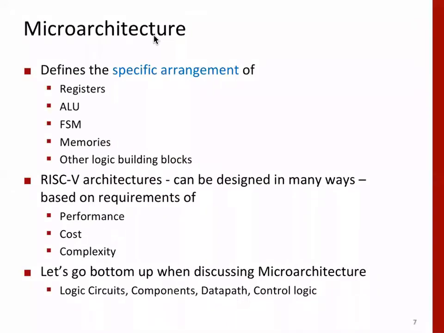All right, so what is microarchitecture? When we looked at the microarchitecture view in earlier classes, we said that this is not visible to a programmer. It means that this is a specific arrangement of registers, ALU, finite state machine, memories, and other combinational logic blocks.